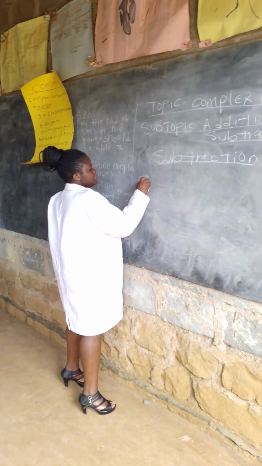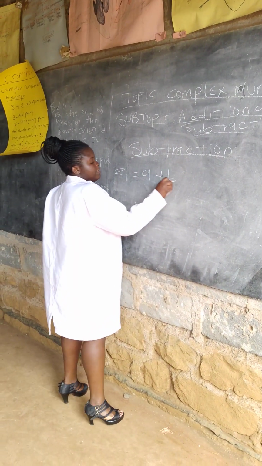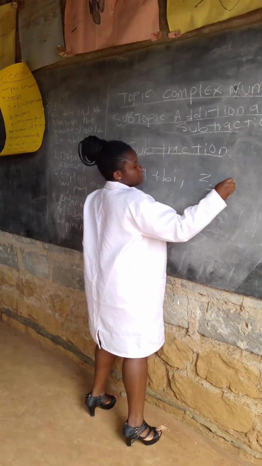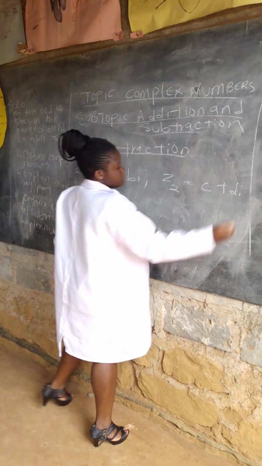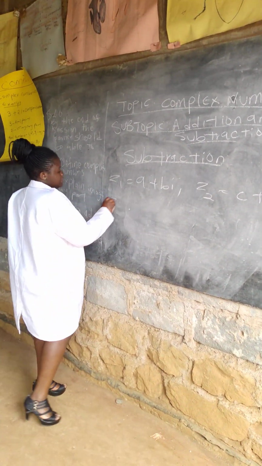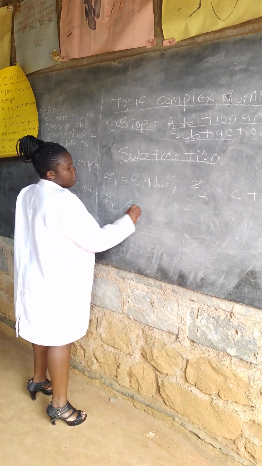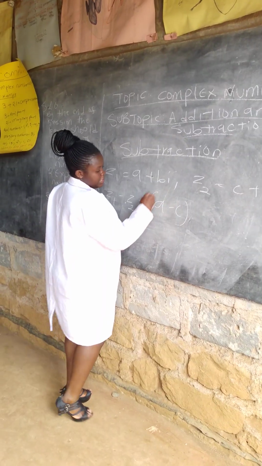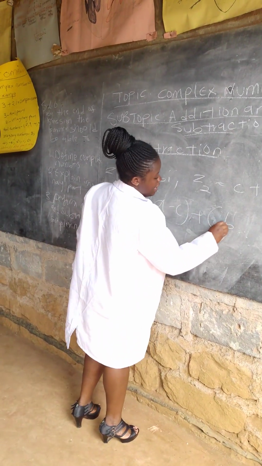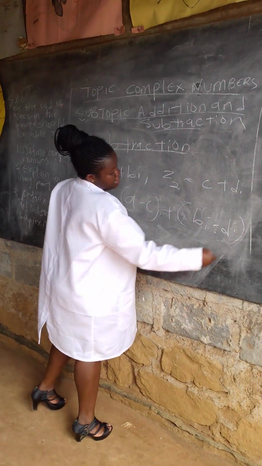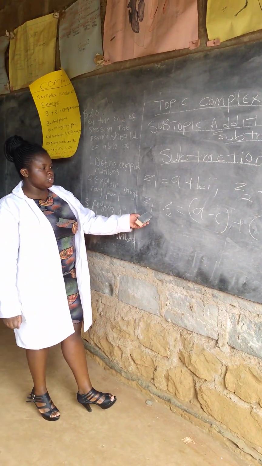For example, I have given Z1 is equal to a plus bi, and Z2 is equal to c plus di. To subtract these complex numbers, Z1 minus Z2, you take a minus c, that is the real part, plus bi minus di, that is the imaginary part, and then you get your answer.